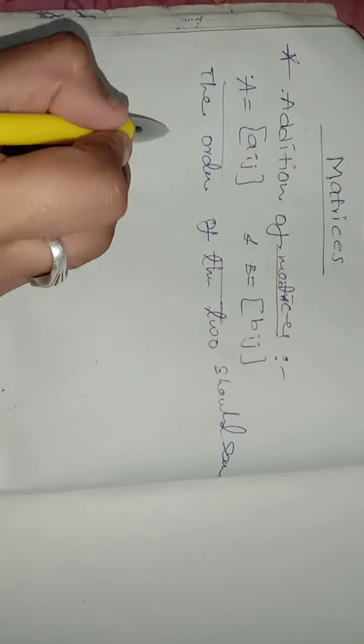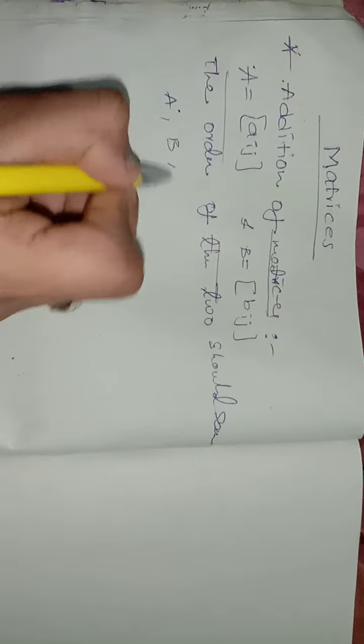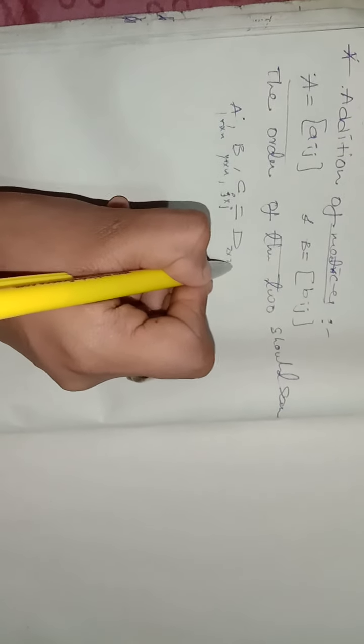If you are going to add the matrices A, B, C, then the resultant is D. So these are matrices containing the orders n cross n, m cross n, j cross j, or z cross j.